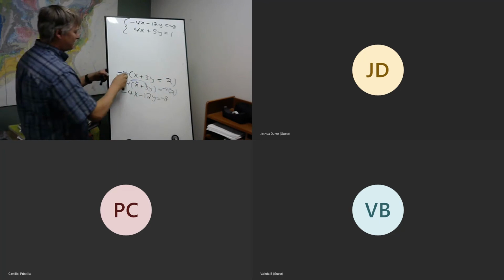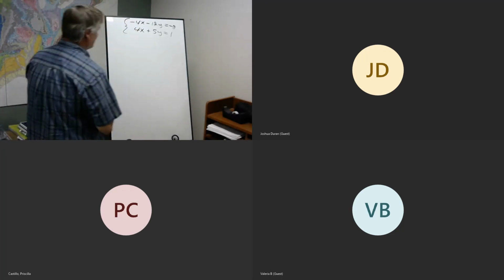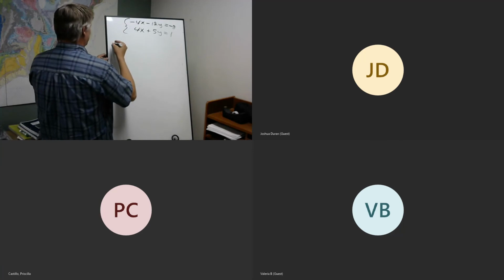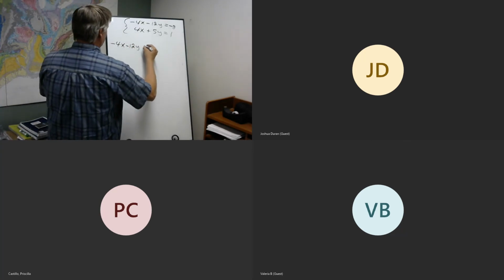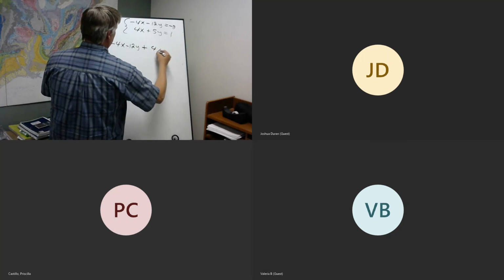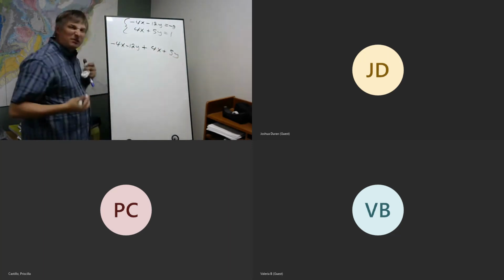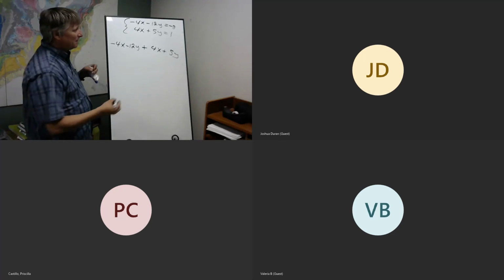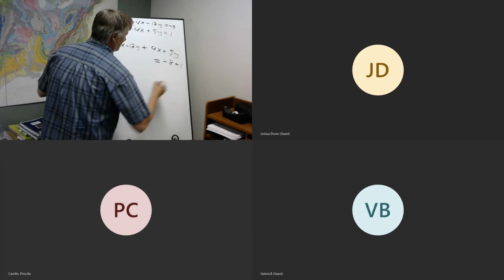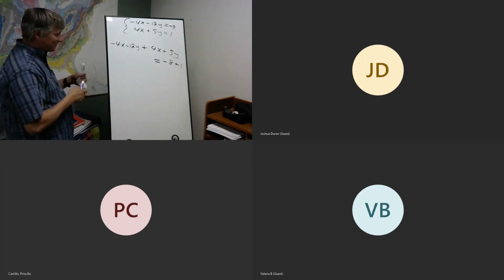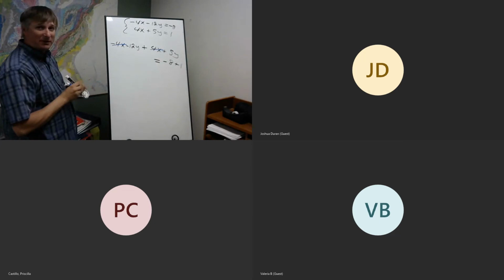Now we can add both sides. I'm going to leave the parentheses off. We really don't need to have those there. I mean, you could have them there if you want. Again, combine like terms, and sure enough, those are going to cancel.